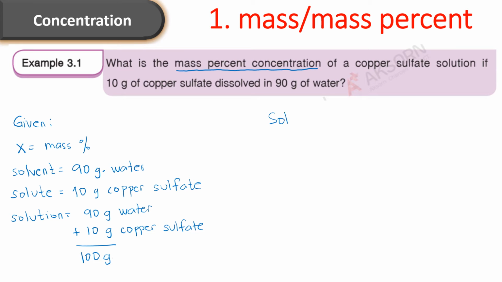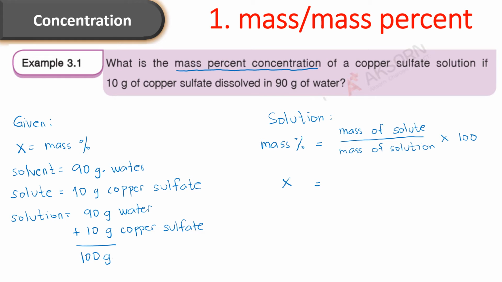Here is our solution. We will have your mass percent equals the mass of the solute divided by the mass of your solution times 100. So we will have x.